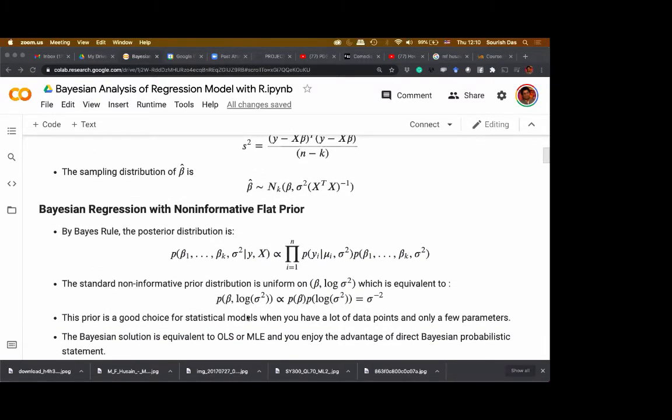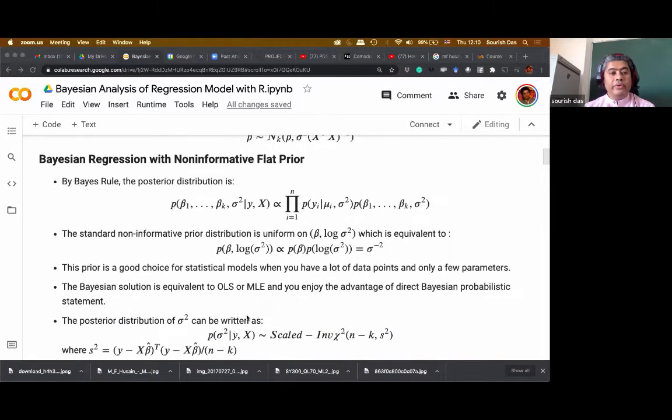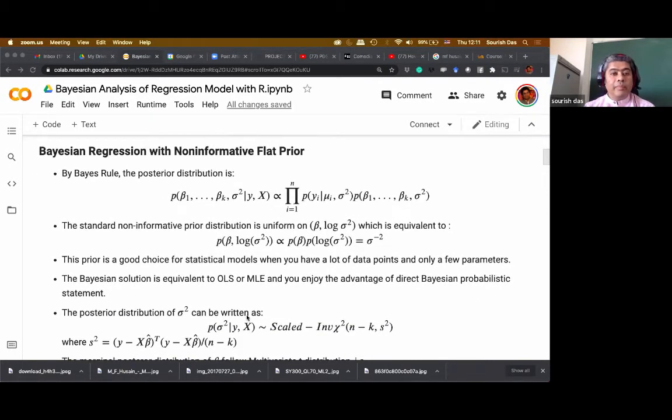Now, if I have to introduce the Bayesian approach, the first thing we have to do is introduce a prior, and because what will be the likelihood? We need a posterior distribution on the parameters.